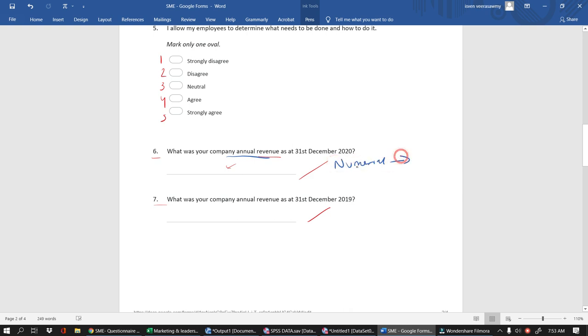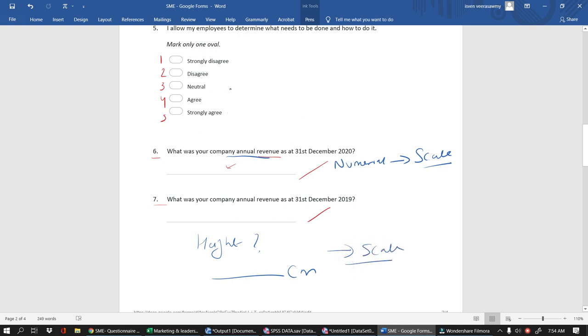Then in SPSS, numerical is called scale. Here also it is scale. Let's say you have height, and you have to state your height in centimeters, maybe 170, 160, 180. If it is in terms of numbers, it should be scale.